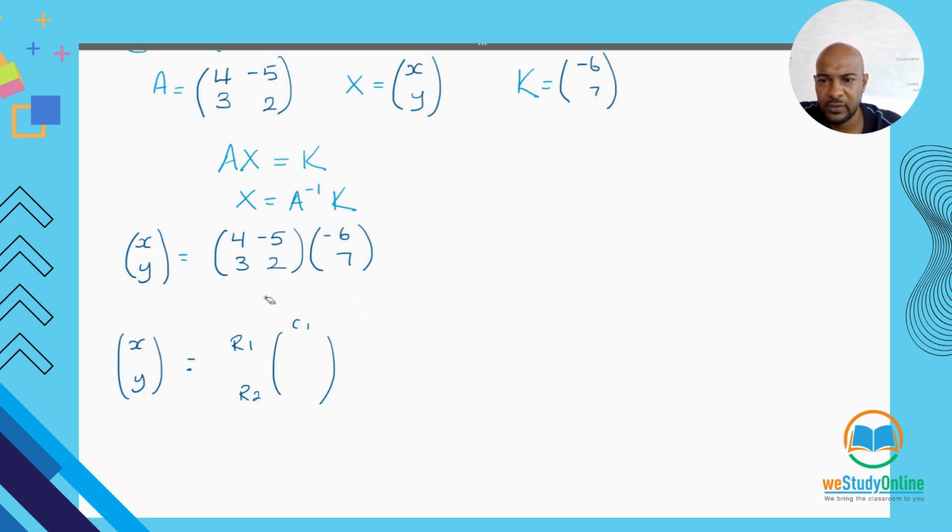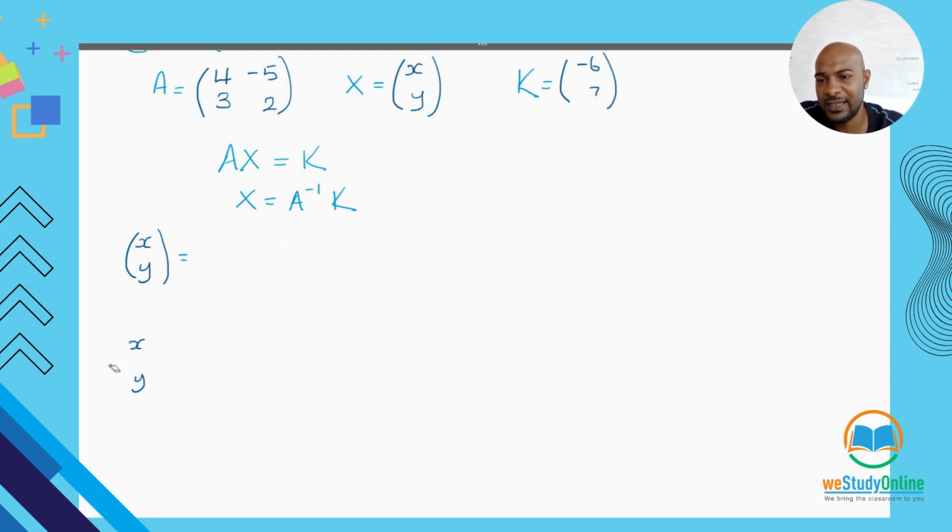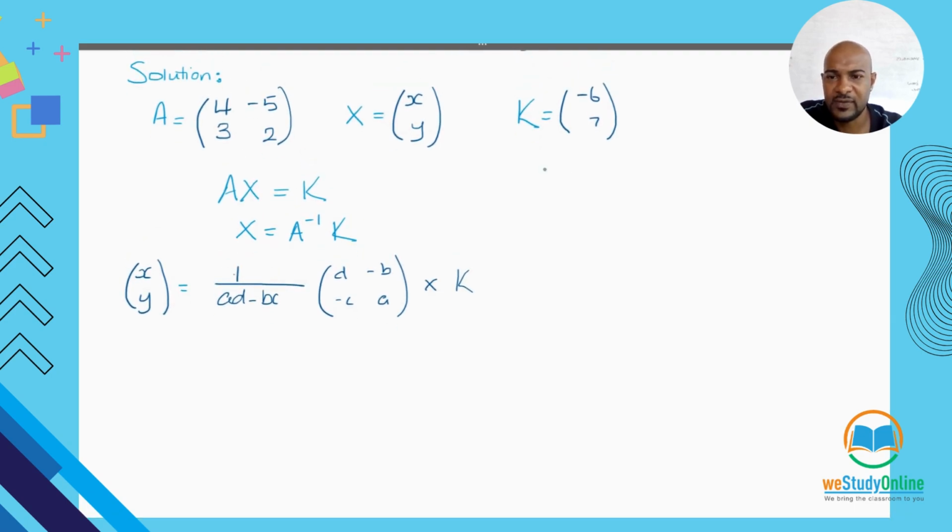But this 4, -5 and 3 is A, and what we need is A inverse. So we need to find the A inverse and then multiply that answer by k. Now to find the inverse of a matrix, we will take 1 over the determinant, which is AD minus BC, multiplied by the adjoint, which is going to be D, -B, -C, A, and then multiply that by k, which is our -6 and 7.